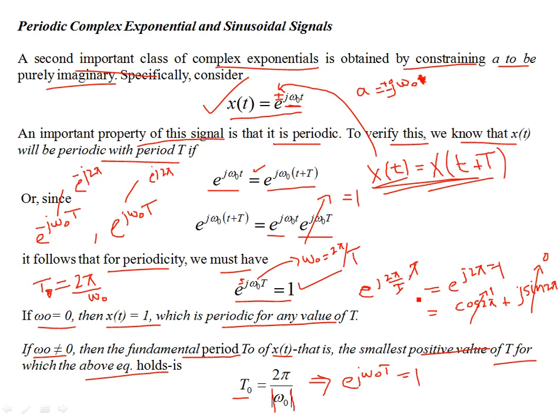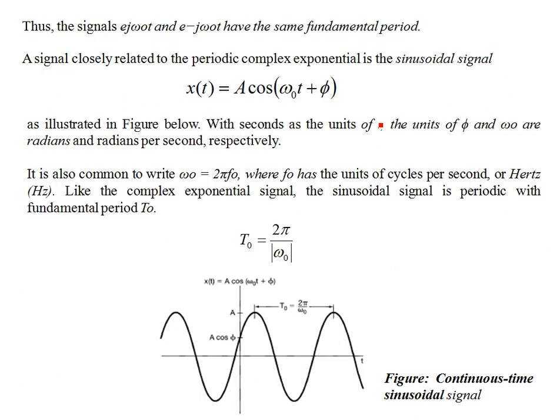Cosine of minus theta is cosine theta. So cosine of plus minus 2 pi is still 1, right? But sine of plus minus 2 pi is 0. So minus omega or plus omega won't change the fact that x(t) is still periodic with the same period. So that's why you're taking the magnitude over here. That's the only reason.